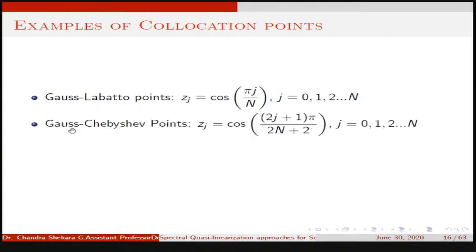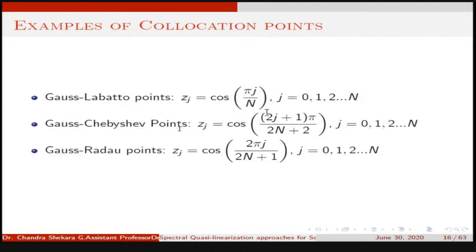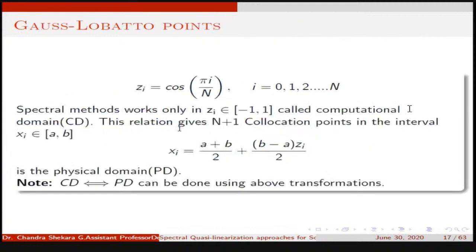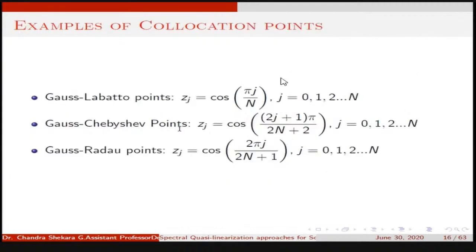There exist other types of collocation points called Gauss-Chebyshev points, and there also exist Gauss-Radau points. These are the different types of collocation points that exist. You can use any one of them while solving the examples, but I'm using Gauss-Lobatto points to demonstrate the method applied to nonlinear and linear differential equations.